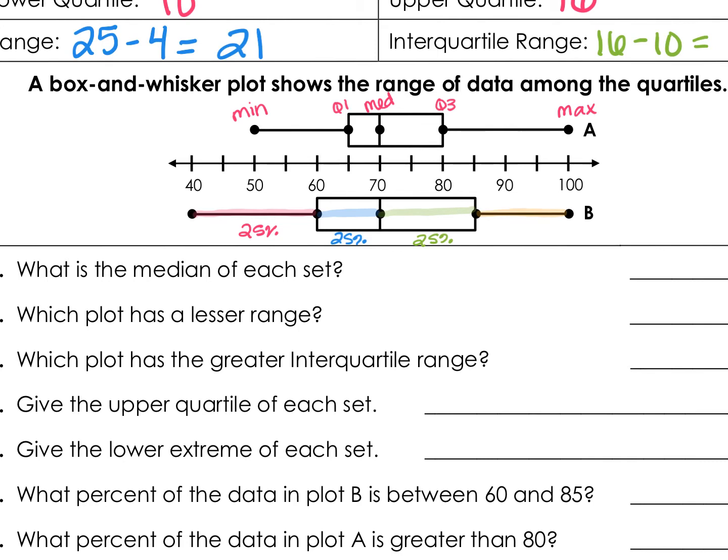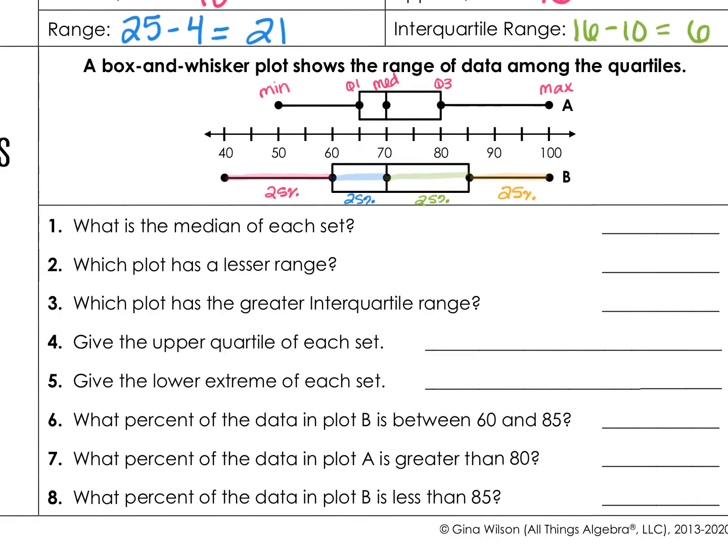So even if the sizes look different, each section of the graph is 25% of the data. Now that we know how to read those graphs, we can go ahead and find some values from them.